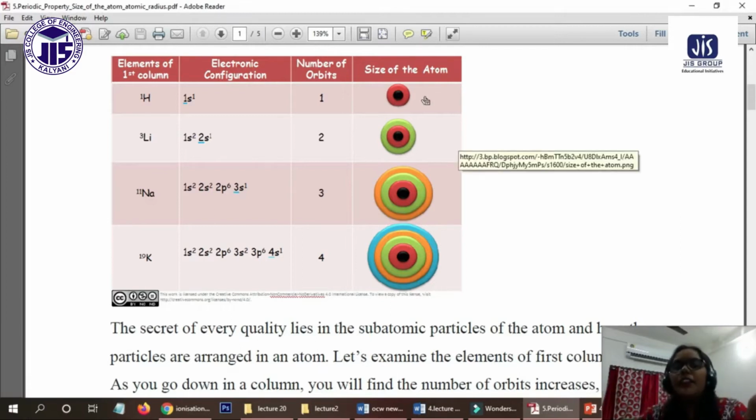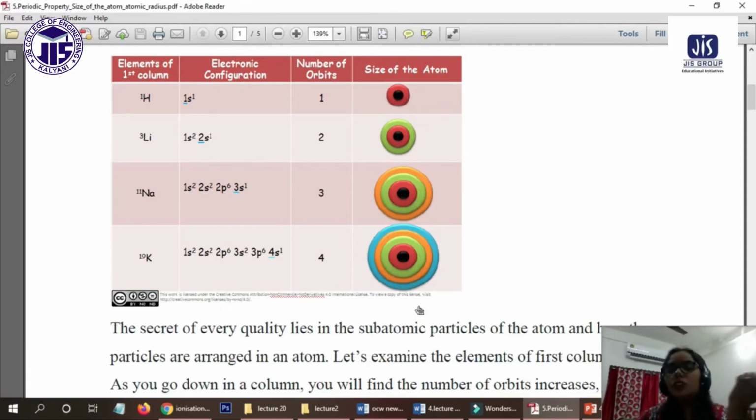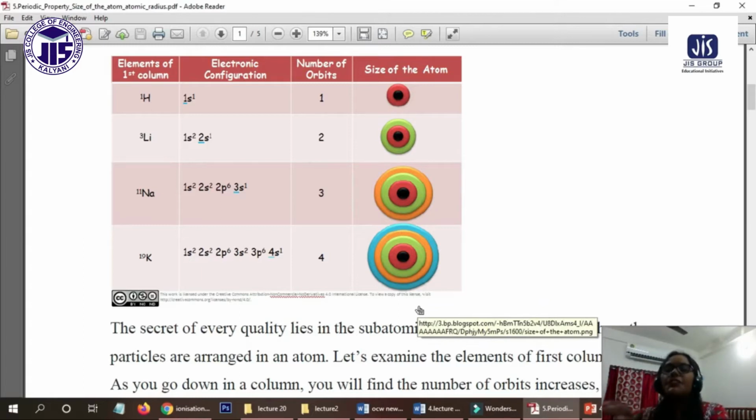What will happen if we go down the group? The extra shells are added around the nucleus, and also new electrons. So if the extra shells are added, the nucleus cannot hold the outer orbital electrons that strongly.